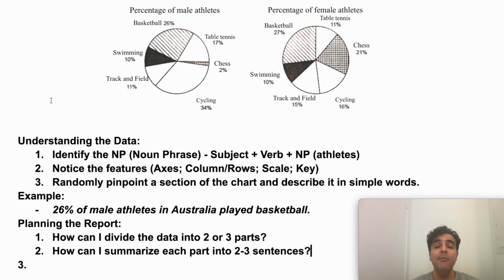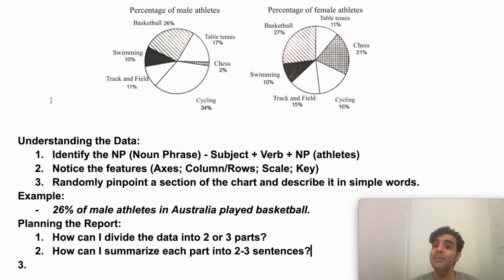As you can see, I'm focusing on a proportion, a percentage, a fraction that is worthy of reporting. Or for example, that swimming constitutes only 10%, right? Or something along those lines.